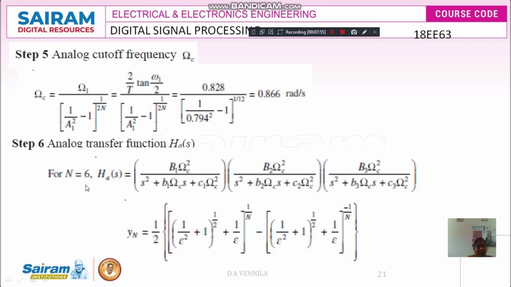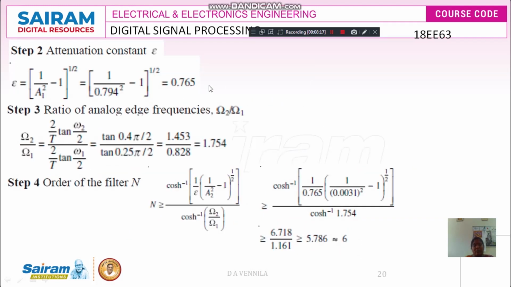Here the order of the filter is 6, that is, the order is even, so we need to use this formula. Because we know that C naught is equal to omega yn, we need to first calculate this yn value. Epsilon we have already calculated, 0.765.